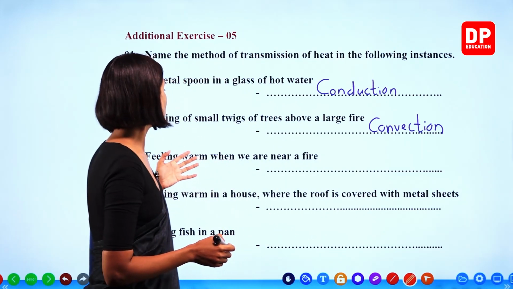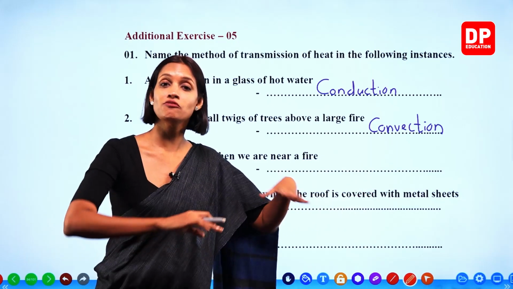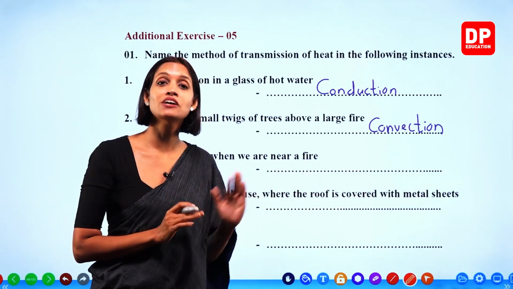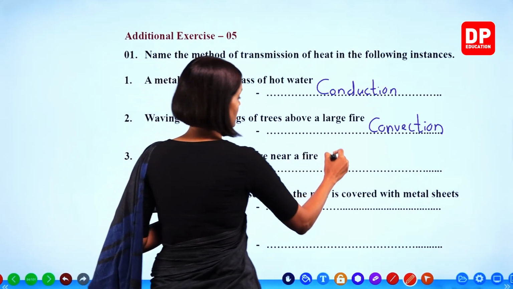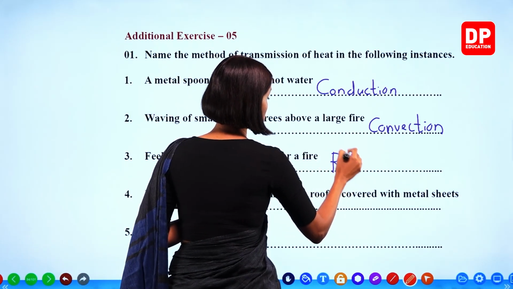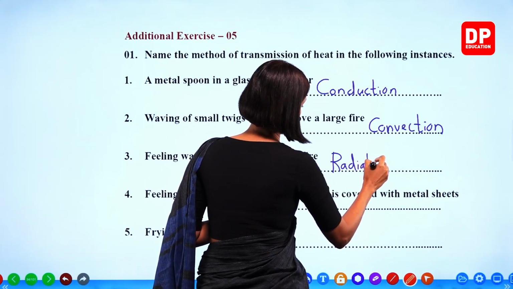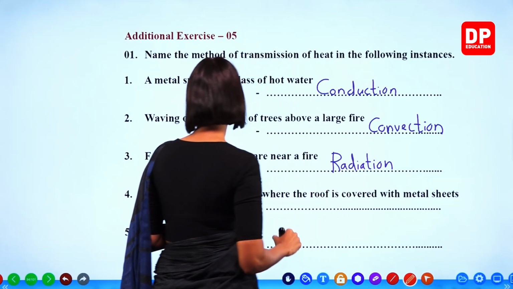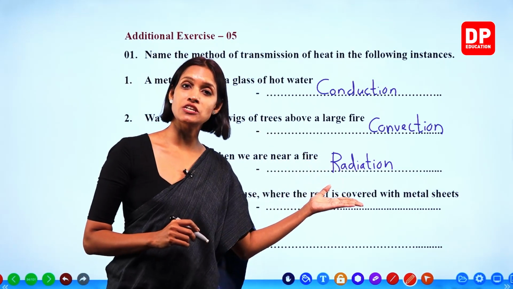Number 3. Feeling warm when we are near a fire. Even when we don't touch anything, when we are near a heated object, we feel the warmth of it. That is because of radiation. Because all heated objects radiate heat. Radiation. Feeling warm in a house where the roof is covered with metal sheets.